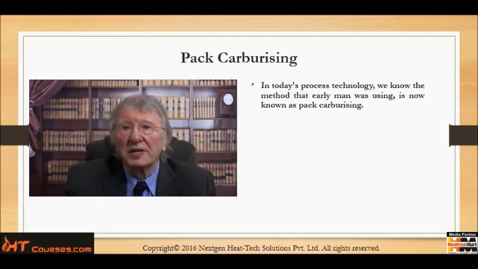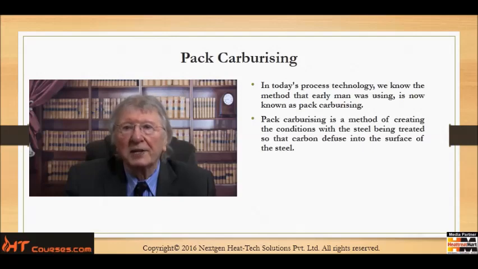In today's process technology, we know the method that early man was using is now known as pack carburizing. Pack carburizing is a method of creating the conditions with the steel being treated so that carbon will diffuse into the surface of the steel.